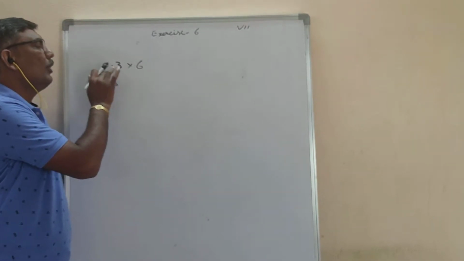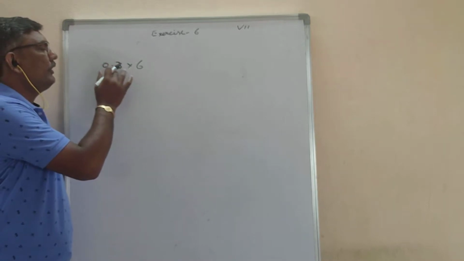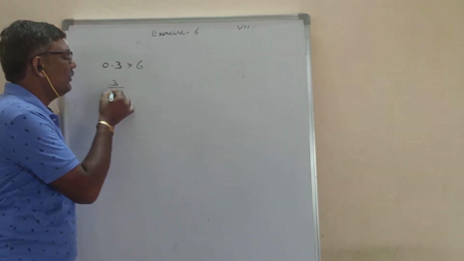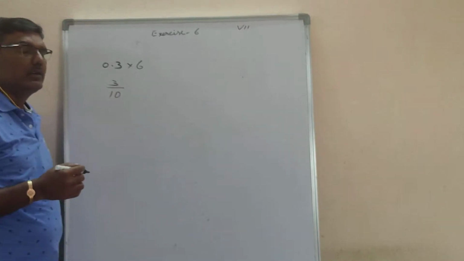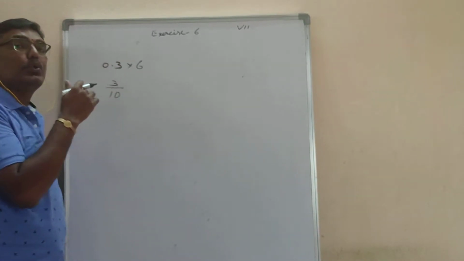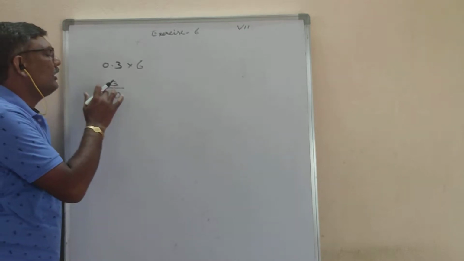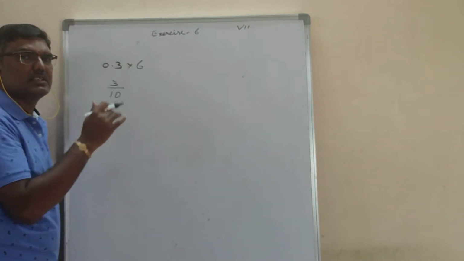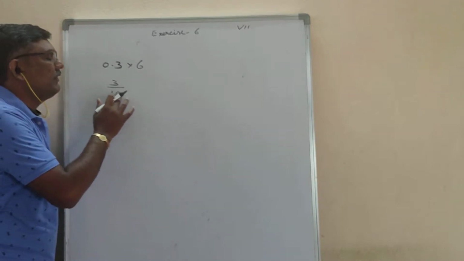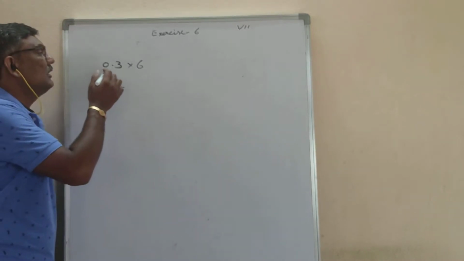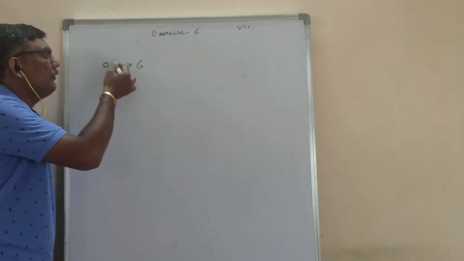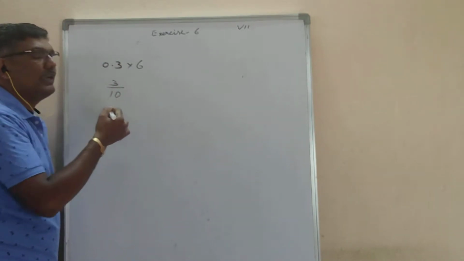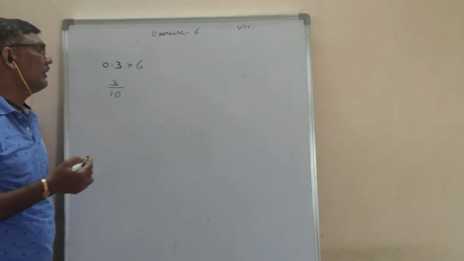Not before the point, after the point. After the point you have a single digit number, that is 3. So if it is a single digit, you have to write 10. If you are seeing a 2 digit number after the point, you have to divide with 100. If you are seeing 3 digits, then you have to divide with 1000. Like 0.3, if you want to express it as a rational number, it should be 3 divided by 10.